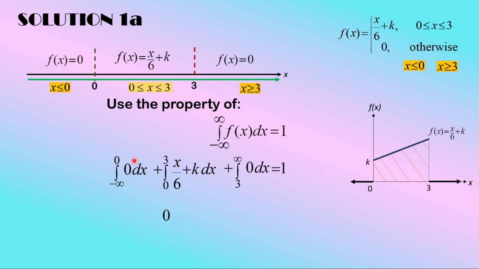So as a result, the first integration becomes 0 and the second is x squared over 6 times 2 plus kx from the limit 0 to 3, and then plus 0 equals 1.